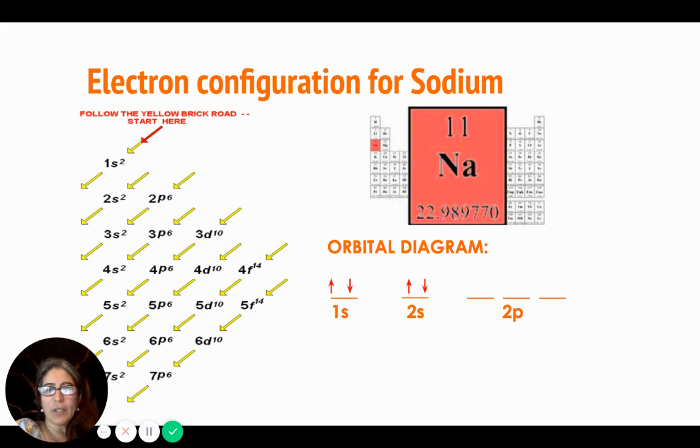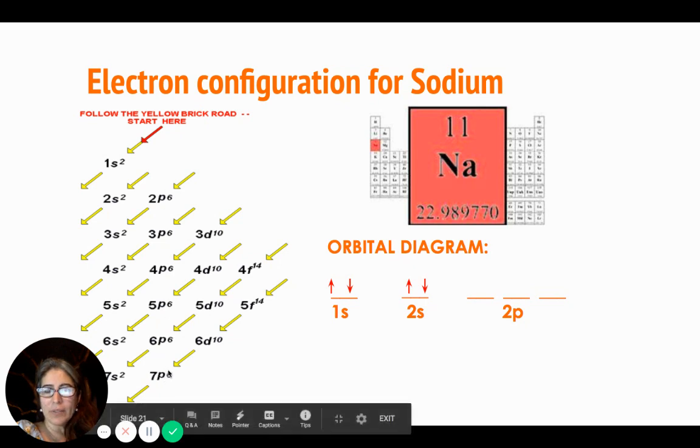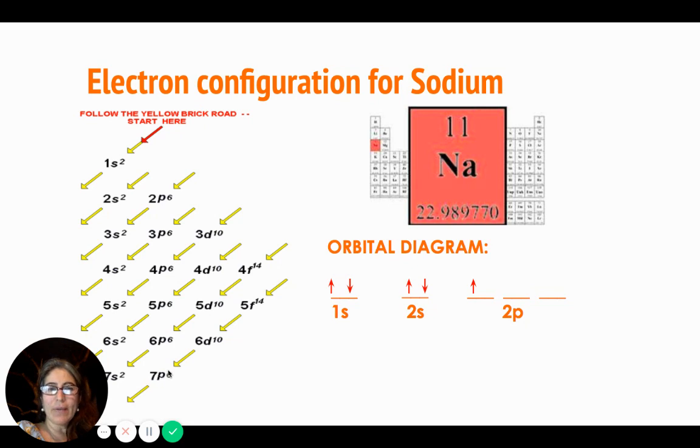Even if they're empty or they're full, the 3 rooms exist. So you must show all 3 orbitals whenever you work on p sublevels. Okay, so now you're going to fill up more electrons. Right now we have 5 electrons total. So we keep going, 6, 7, 8, 9, 10.